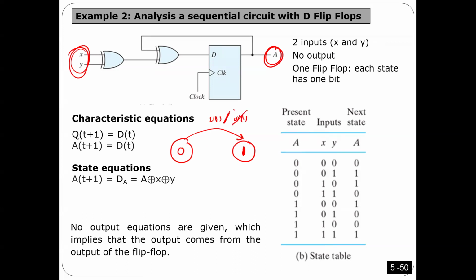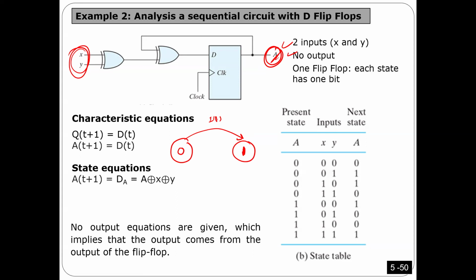But in this case, I don't have output, because when I say output, it means output calculated using a combinational circuit, similar to the previous example. Here the output is taken from A, so I don't even need to put a slash. Just give the input.